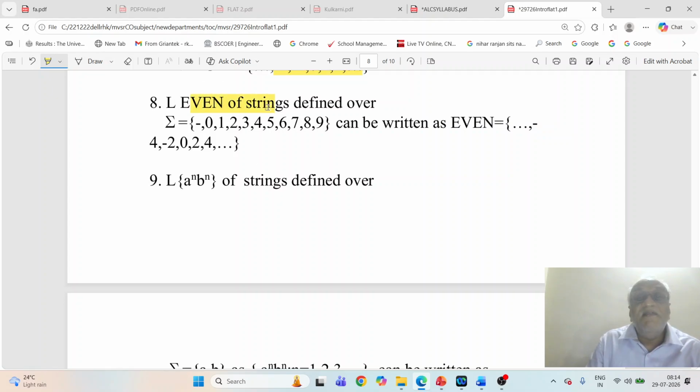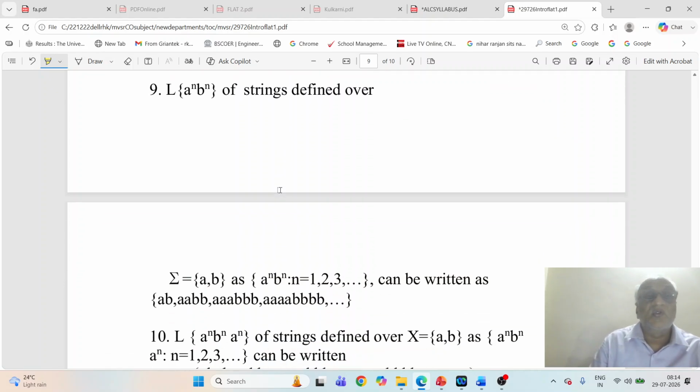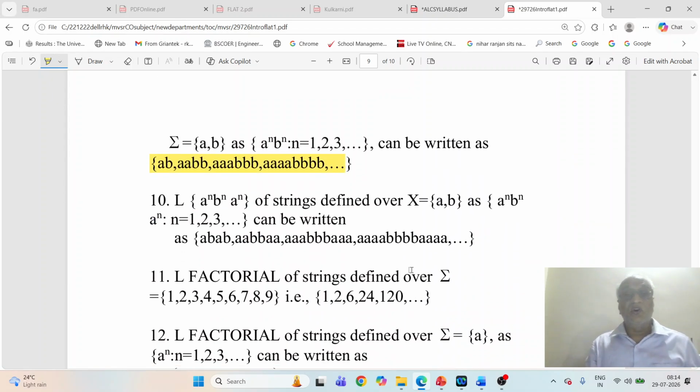Here we are defining even strings. From this alphabet we are picking, let us say, 4, -2, 0, 2, 4. All of them are even. Here we are defining L equal to a to the power of n, b to the power of n. You can see all of them are a to the power of n, b to the power of n, so some condition is imposed on the language.